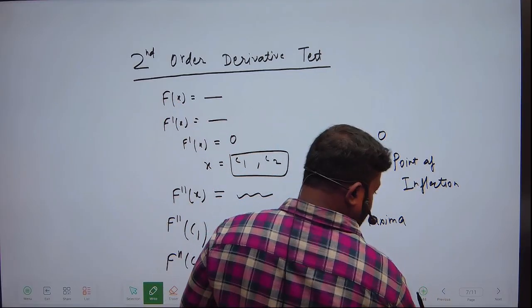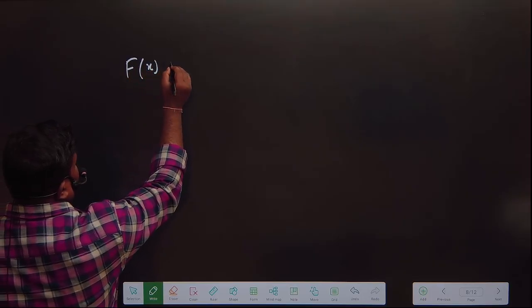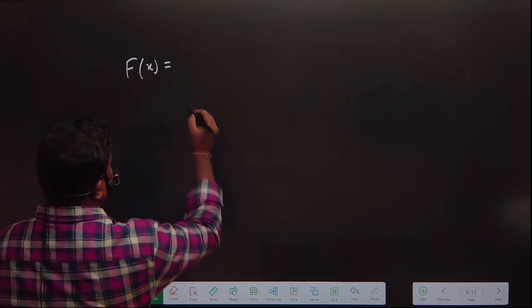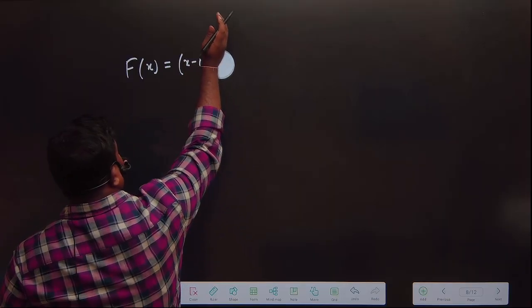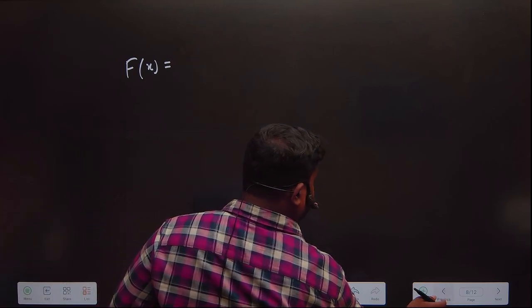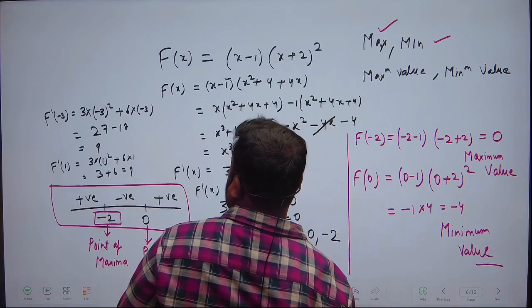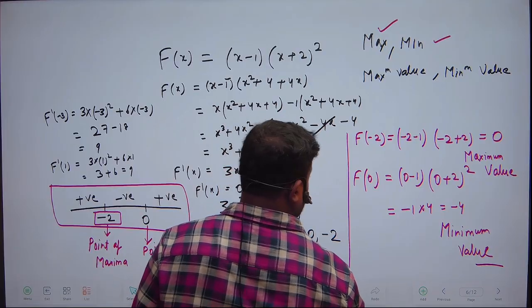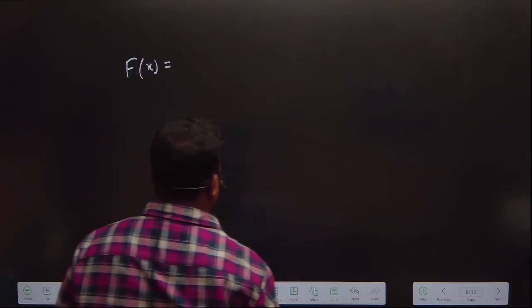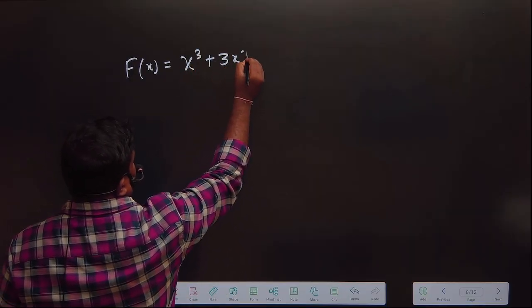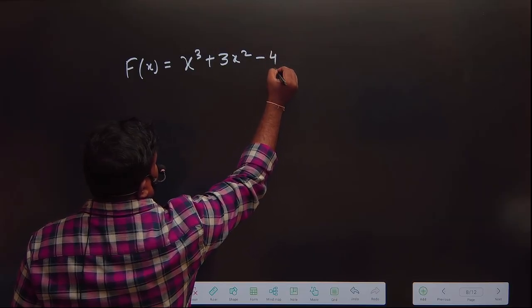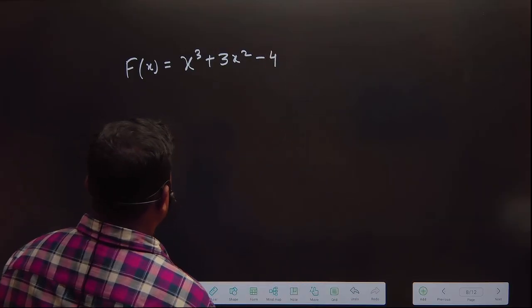I'm taking that function, f of x equals x cube plus 3x square minus 4. This is our function.